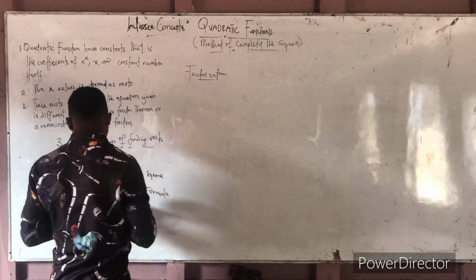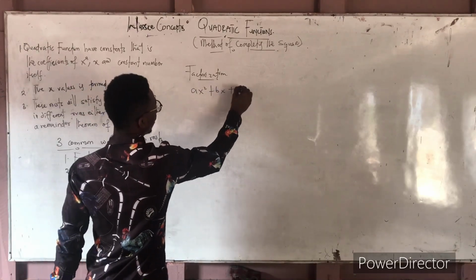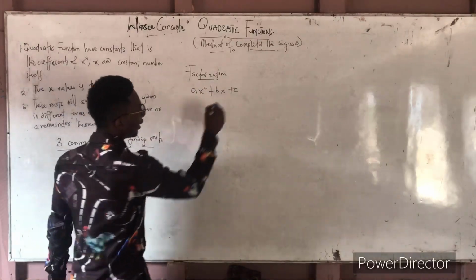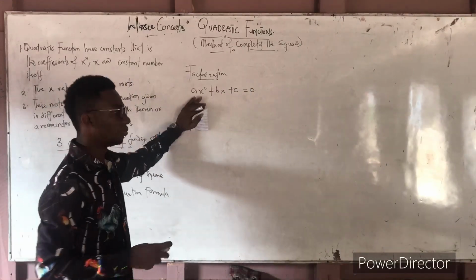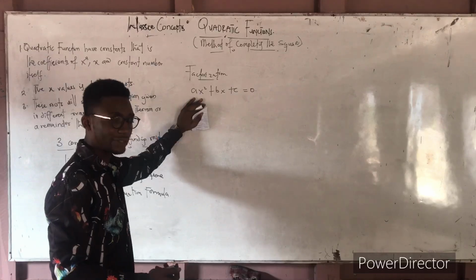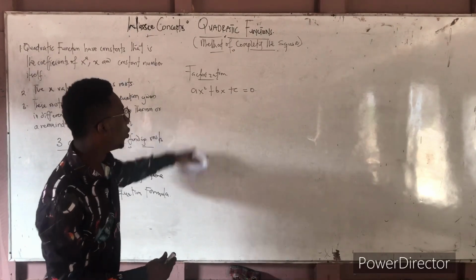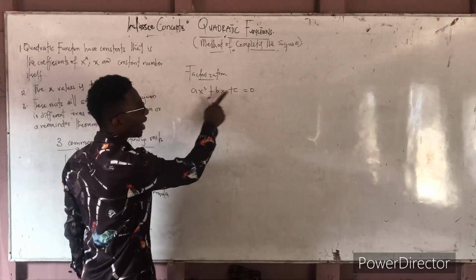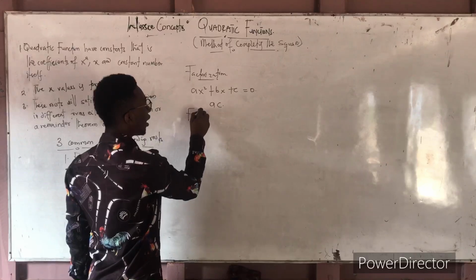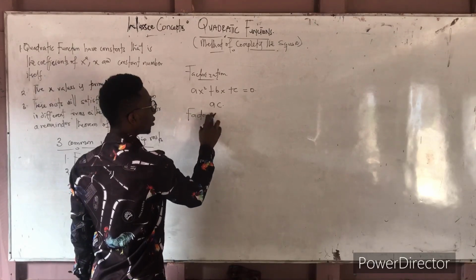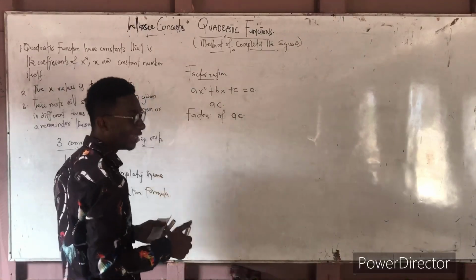If you have ax squared plus bx plus c equal to 0, and you're asked to find the roots using factorization, you always multiply the coefficient a by the constant c, so a times c, and you find the factors of ac.